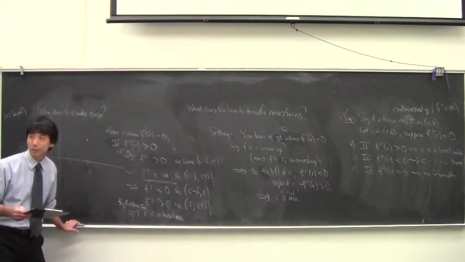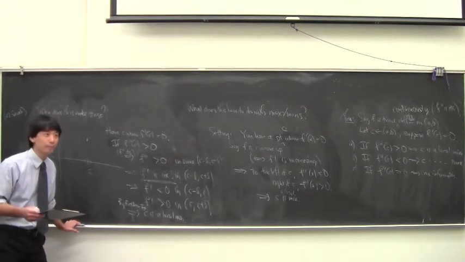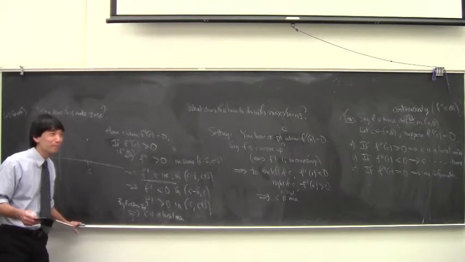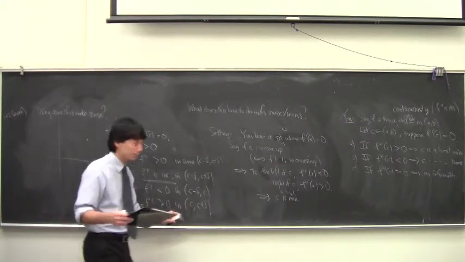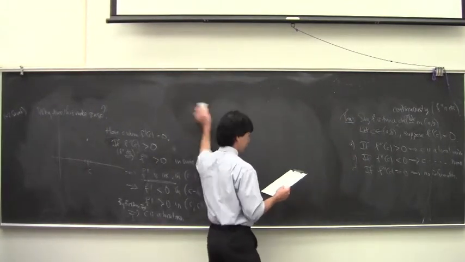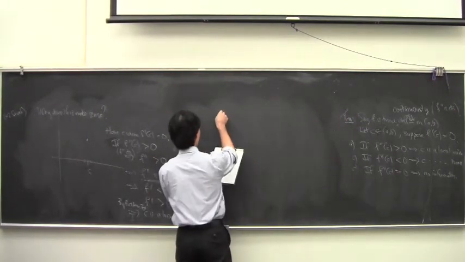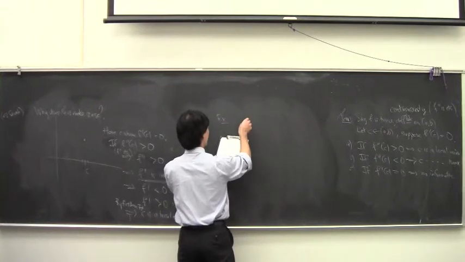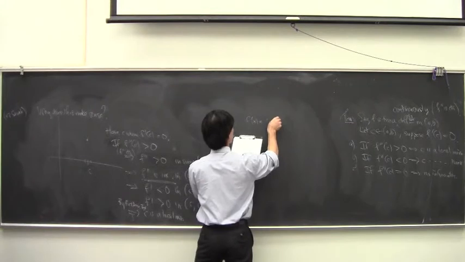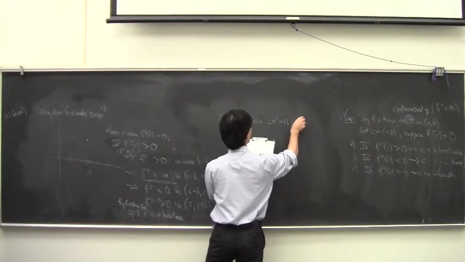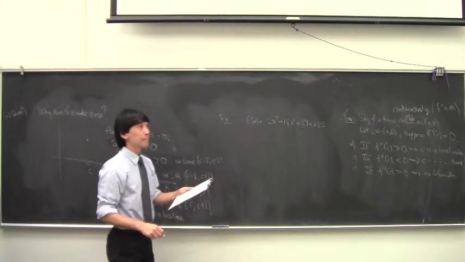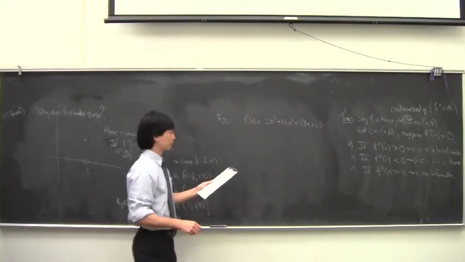Okay. Anyone confused? Okay. So we'll just do maybe one example. You have this function. f of x is 2x cubed plus 15x squared plus 24x plus 23.